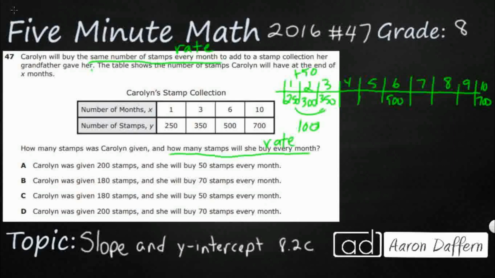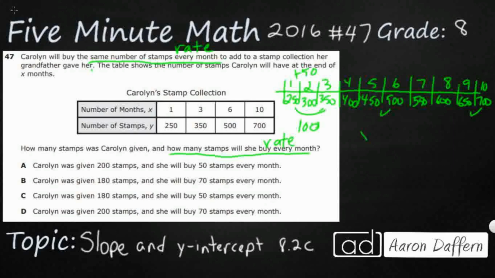So if I keep adding 50, that's going to be 400, 450, 500, check. 550, 600, 650, 700. All right, so it looks like we found our rate. Our rate is going to be plus 50.